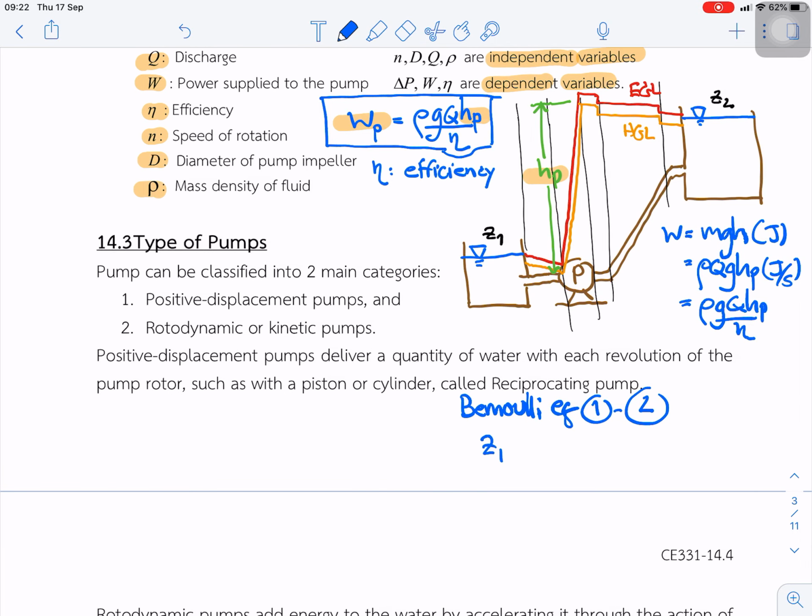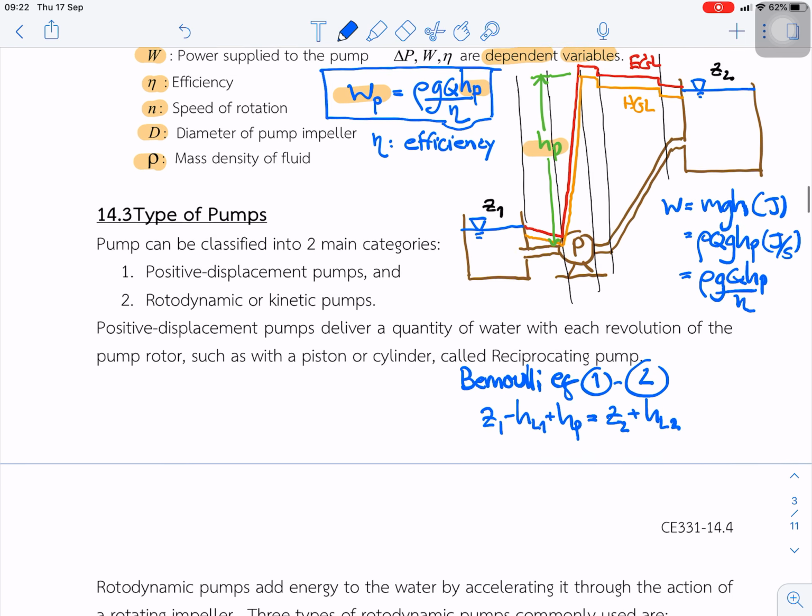For Z1, at the elevation Z1, subtract the head loss at part 1, plus H_P, equal to Z2 plus the head loss at part 2.